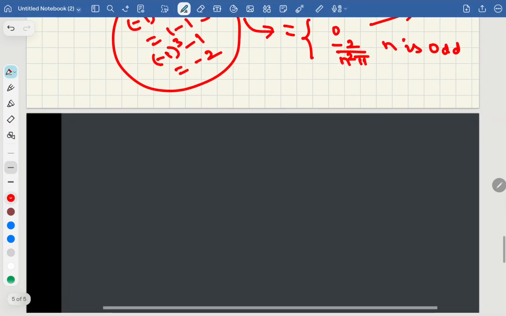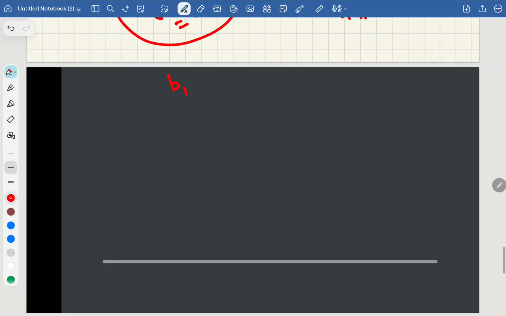Now I am going to find Bn. What is the Bn formula? 1 by pi integration minus pi to pi f of x sin nx dx. Again I am splitting the integral: 1 by pi integral minus pi to 0 f of x sin nx dx plus 1 by pi integral 0 to pi f of x sin nx dx.